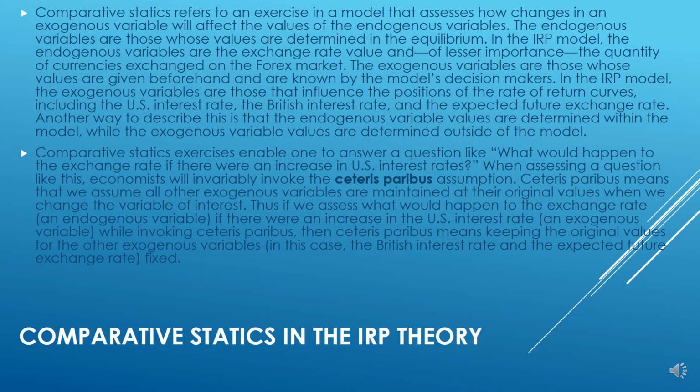Thus, if we assess what would happen to the exchange rate, an endogenous variable, if there were an increase in the United States interest rate, an exogenous variable, while invoking the ceteris paribus assumption, then ceteris paribus means keeping the original values for the other exogenous variables. In our case, it is the British interest rate and the expected future exchange rate, which are fixed.